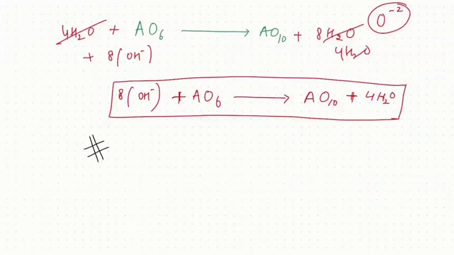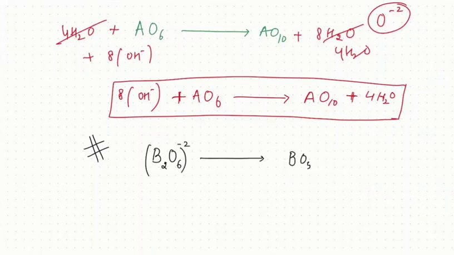Let's solve this. We give you B2O6 -2 and BO5. And I want you to balance it now. How would you do this? First, unless it's mentioned, I'm telling you it is going to be OH negative.